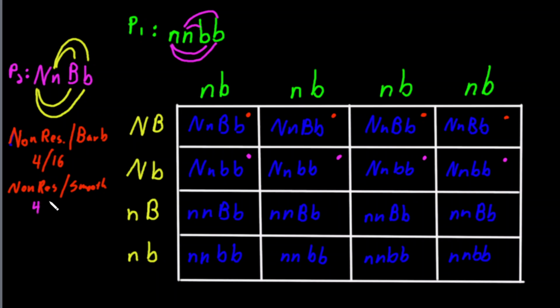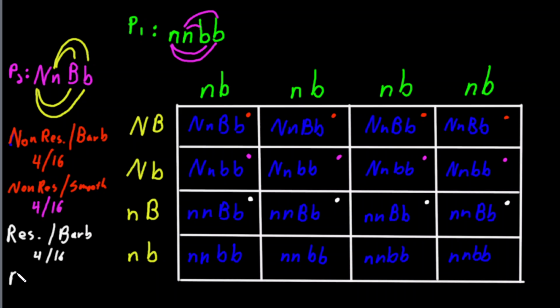So that is 4 out of 16. Now let's talk about what if we had one that was resistant and barbed. Well, this is resistant, homozygous recessive, and it's barbed because it has a dominant gene. And I see 1, 2, 3, 4 of those. So again, 4 out of 16.